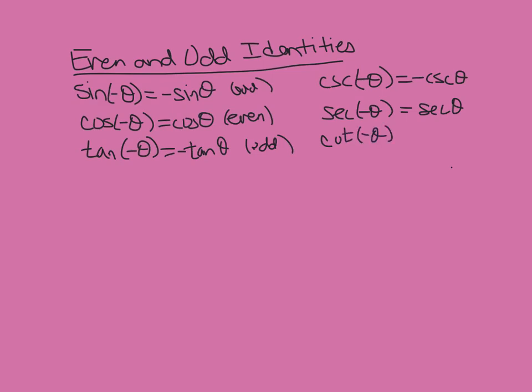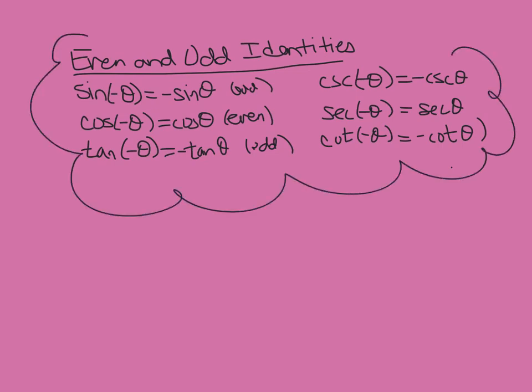However, if you're trying to memorize them all, I just recommend memorizing sine, cosine, and tangent. Memorize those three, and then just remember their reciprocals involve the same properties. So here are the identities. Just write them down, and then we're going to do a bunch of examples with these and the other identities in class.